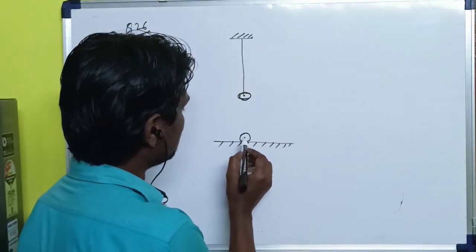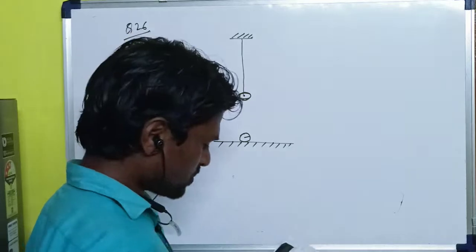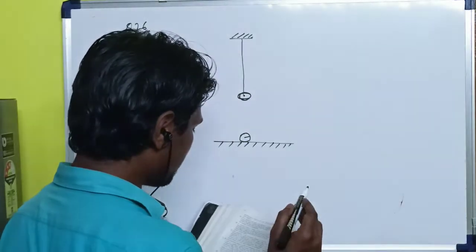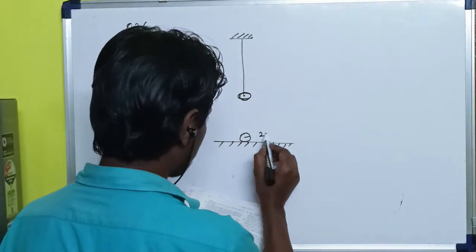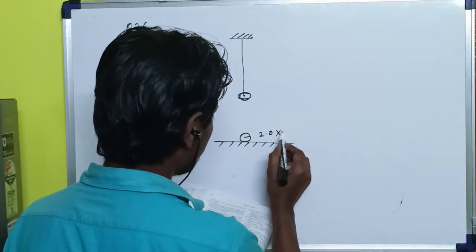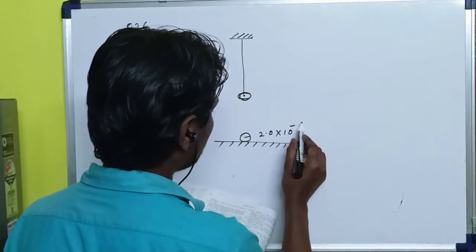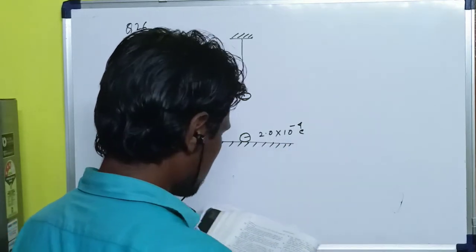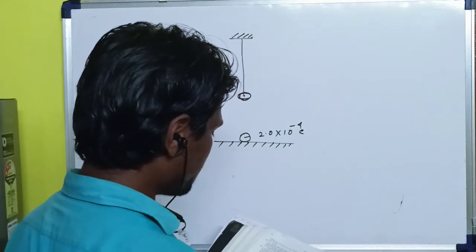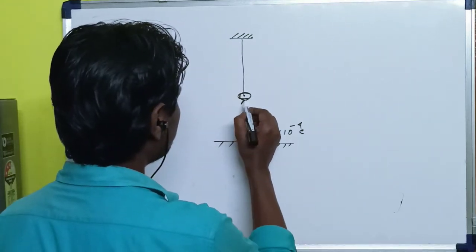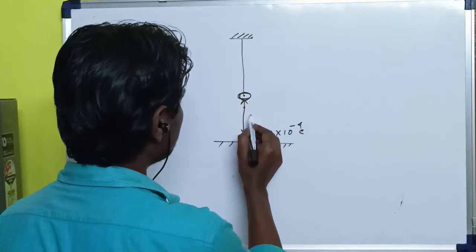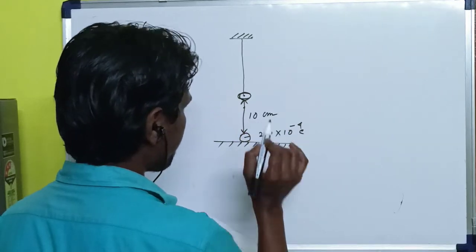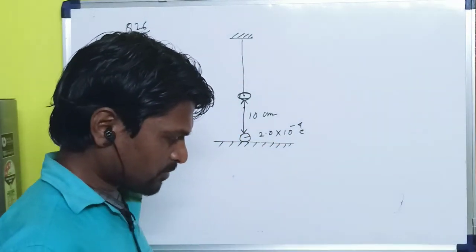So there is a charge, and this charge is 2.0 into 10 to the power minus 4 coulomb, placed directly below. The separation between the two charges is 10 cm from the bob at rest.